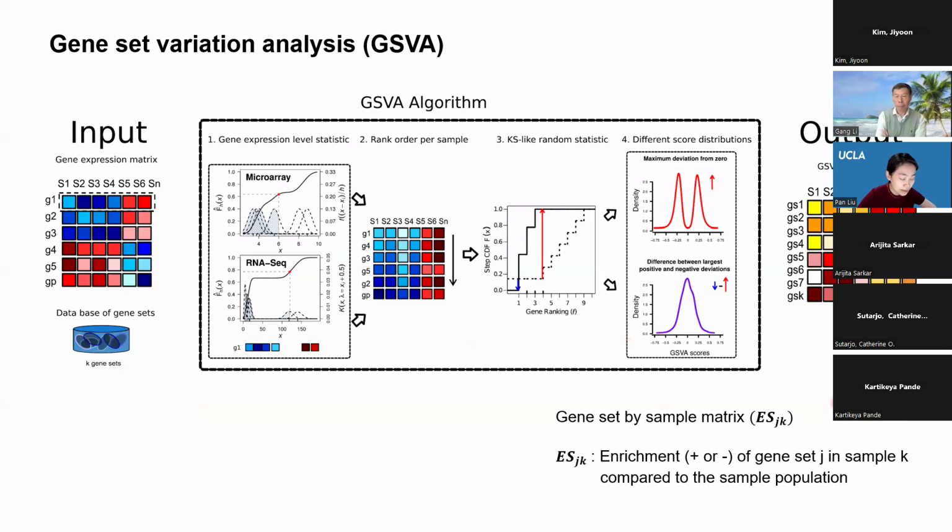So eventually, what we get from the GSVA is also a matrix, but this time it's a gene set by sample matrix compared to the gene by sample matrix as an input. And each entry of this matrix would be the enrichment score of gene set J in sample K compared to the sample population.